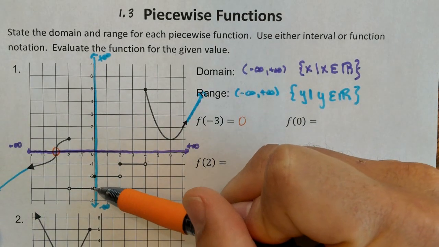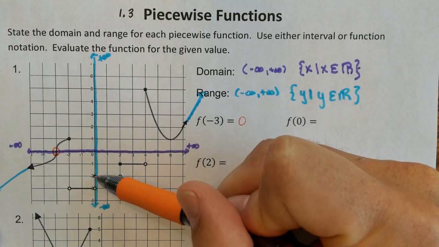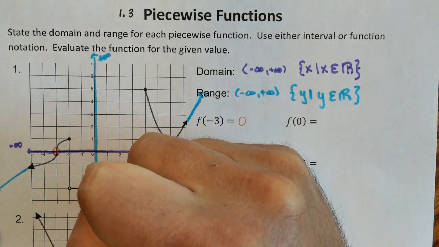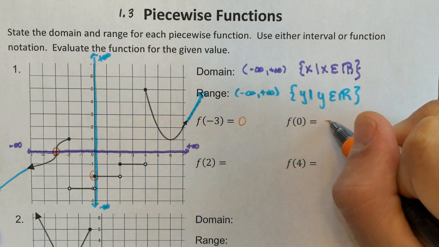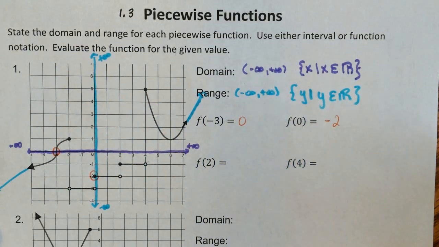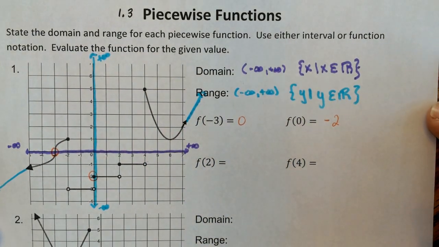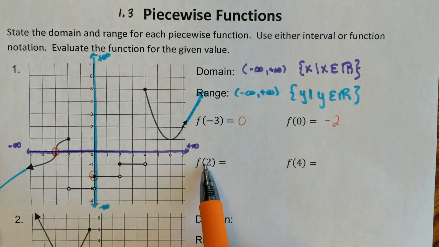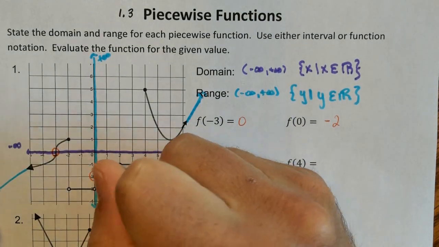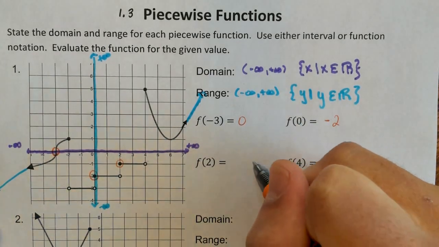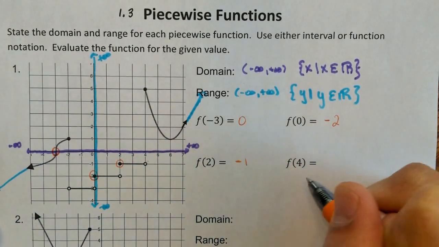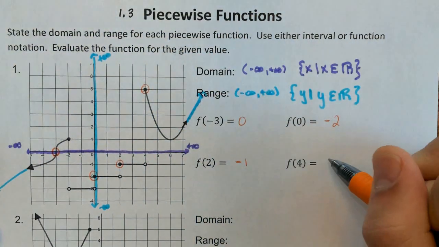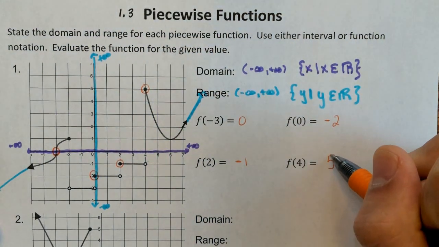Now notice here you have two different values. Remember, always go by the closed circle, and we identify that appropriate y value. The function at 2, again, identify with the closed circle. So we have -1, and the function at 4, closed circle, we have 5.